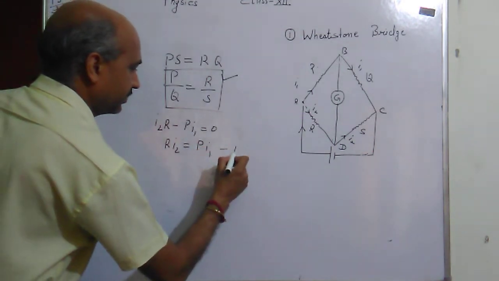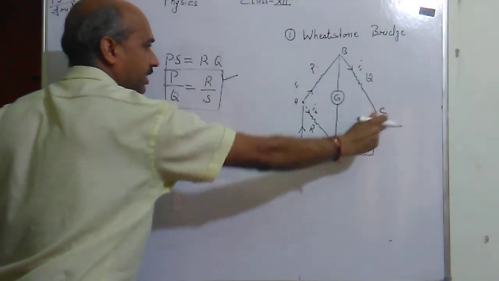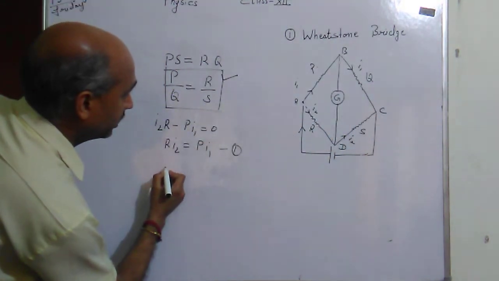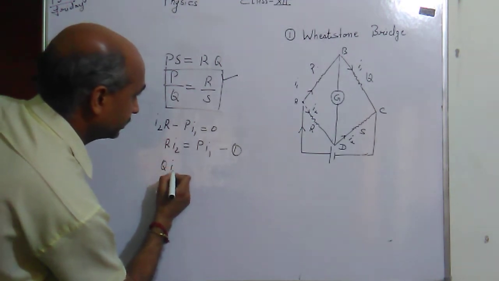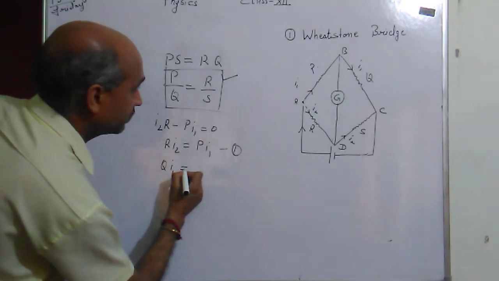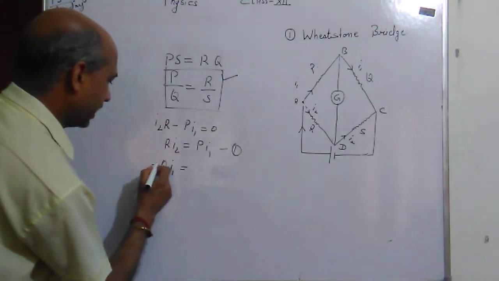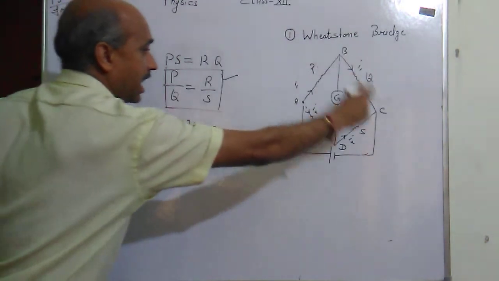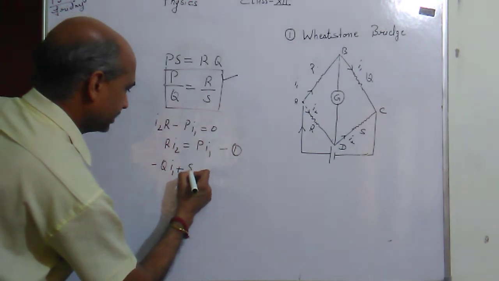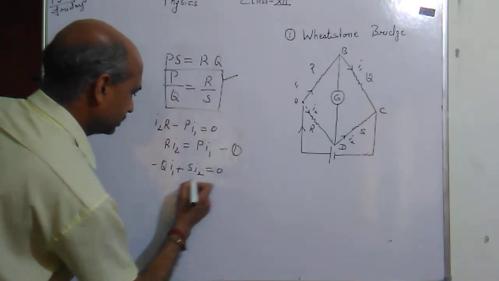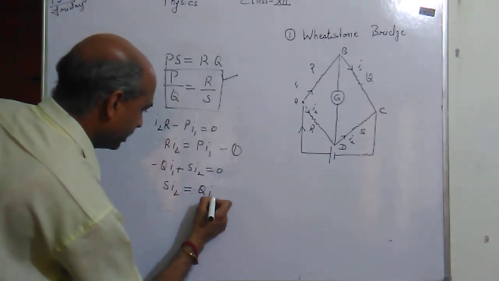Say this is the first equation. Similarly, if we move from here to here, we get Q I1 minus S I2 equals 0, since we move in the direction of current for one and against it for the other. Simplifying, S I2 equals Q I1.